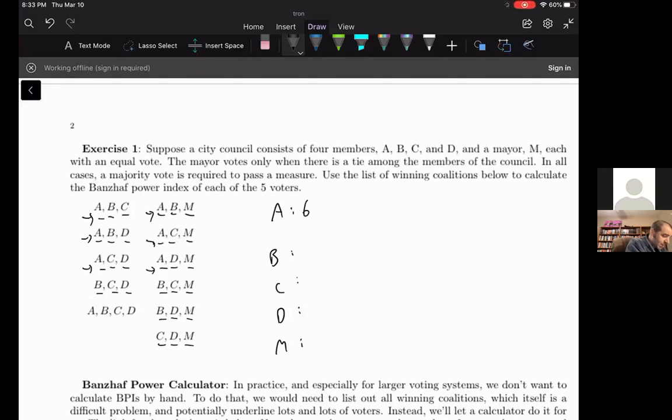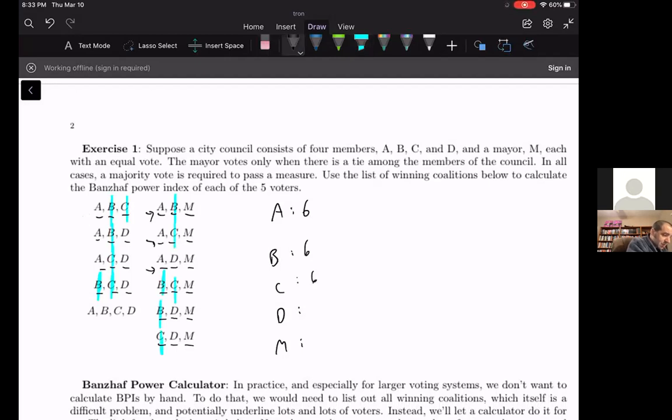So 6 times for A. And I think the same thing is true of B. Let's see. So B: 1, 2, 3, 4, 5, 6. Same thing for C, I think. 1, 2, 3, 4, 5, 6.